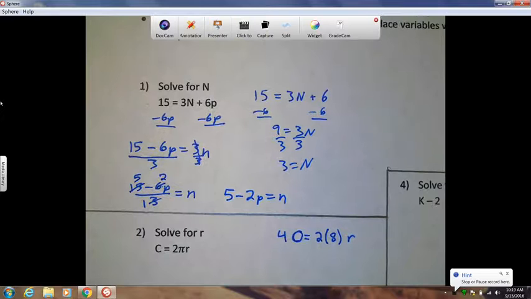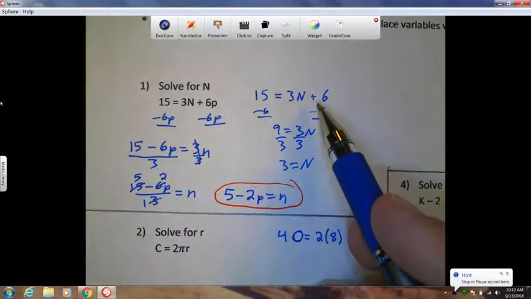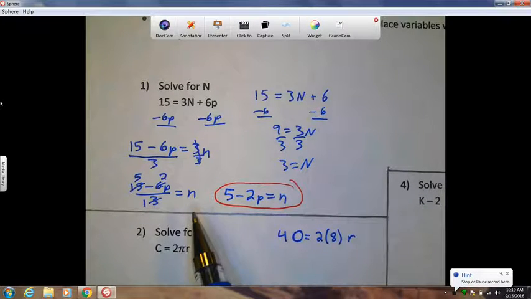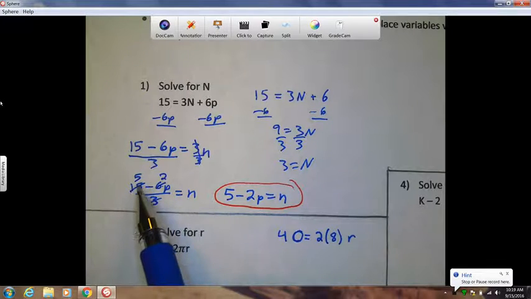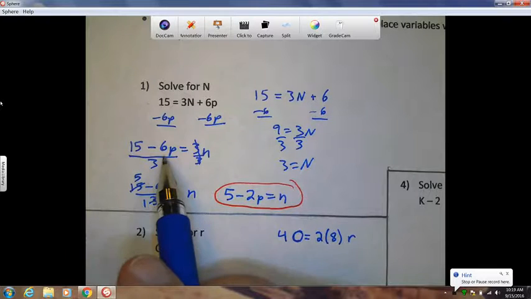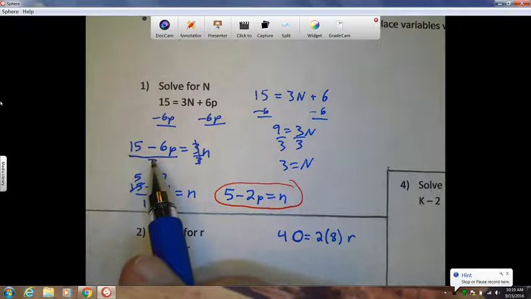So remember, you could use this as a guide on what steps to do, and then you can only simplify at the end as long as everything is divisible by the same number. Make sure you draw the fraction bar like this, because you're dividing the entire side, not just this or just that. Everything.